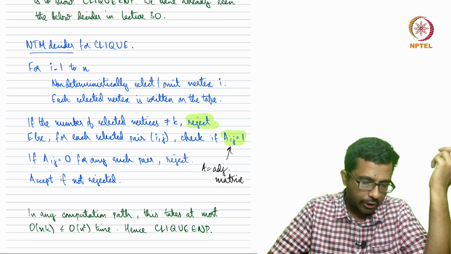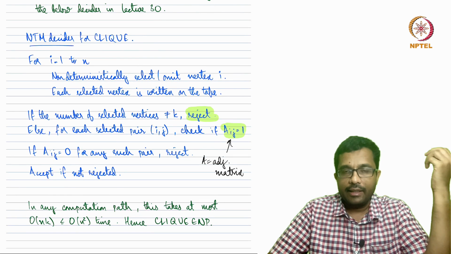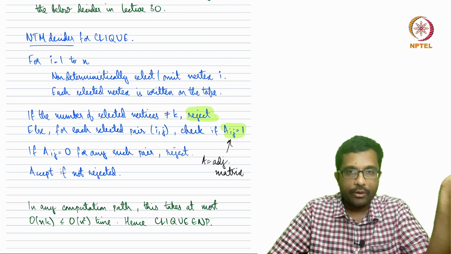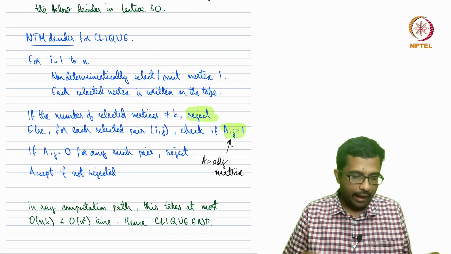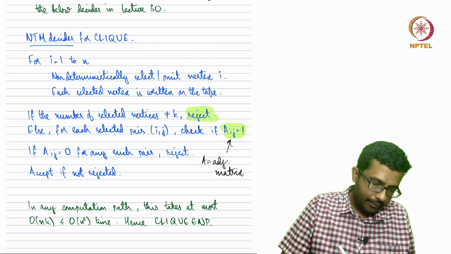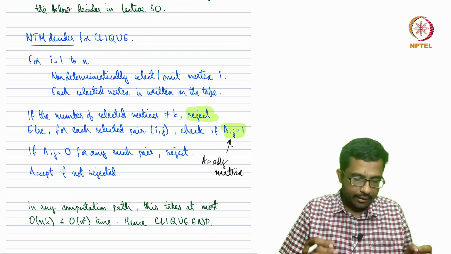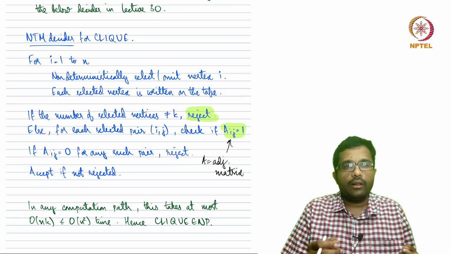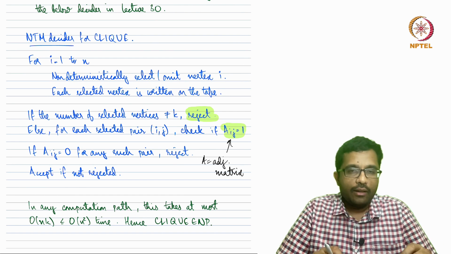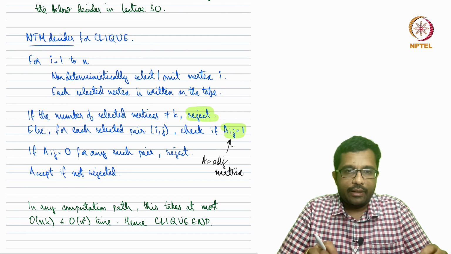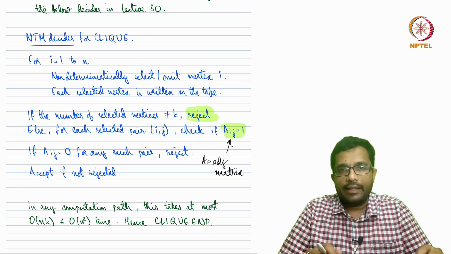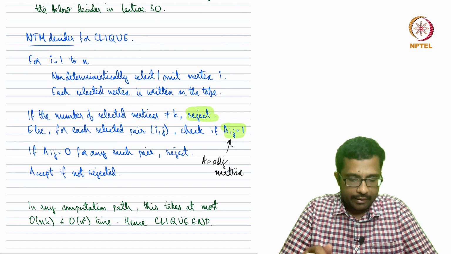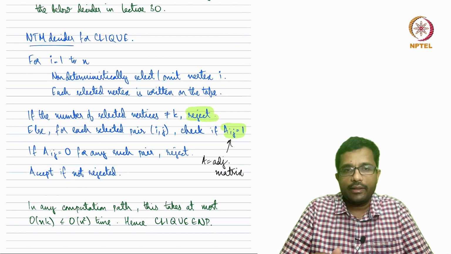The time taken to non-deterministically select or omit each vertex is the number of vertices, n. Then for each pair we check whether there is an edge, so that takes k squared time. k squared is at most n squared.